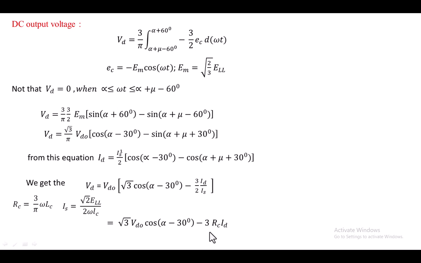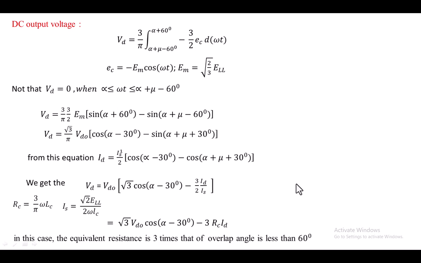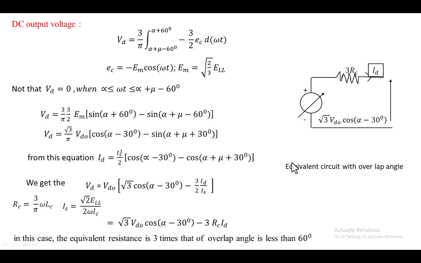But if the overlap angle is more than 60 degrees, here 3 is also added. Nothing but the resistance value which we are using to represent the effect of overlap angle is increased by 3 times if the overlap angle is more than 60 degrees. So ultimately the output voltage will decrease very much when compared to the overlap angle less than 60 degrees. This is the equivalent circuit of a Graetz converter with the overlap angle more than 60 degrees.